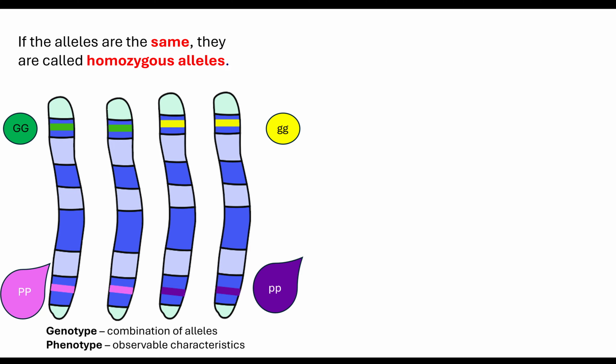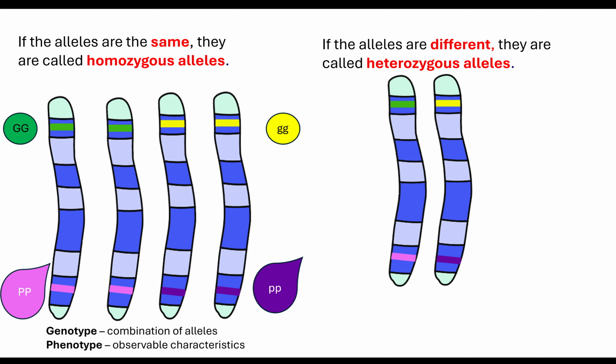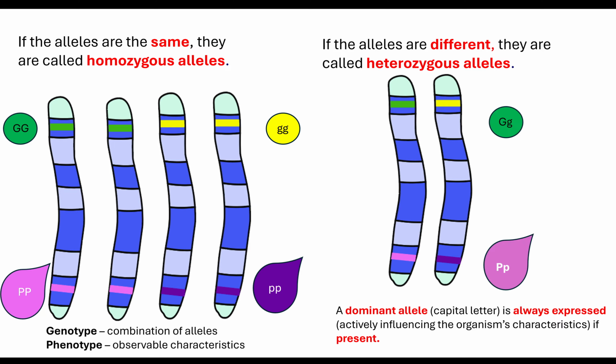So it's important you know the difference between the genotype and the phenotype. If the alleles are the same, they are homozygous alleles. If they are different, they are called heterozygous alleles. And you need to remember, if it is heterozygous, you only need to have one of the dominant alleles for that to be expressed.